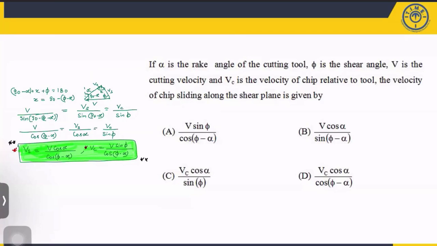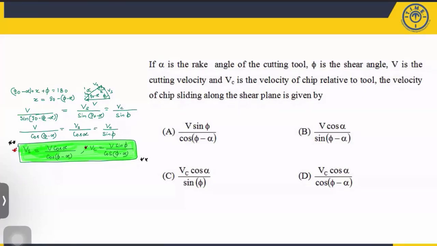V cos alpha by cos phi minus alpha. Option D, sir. Okay. So Jagan has given D as the answer.